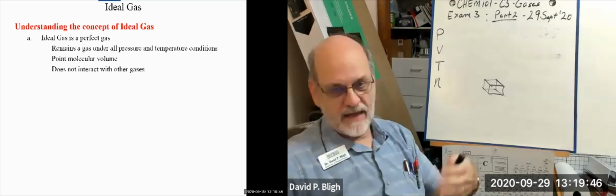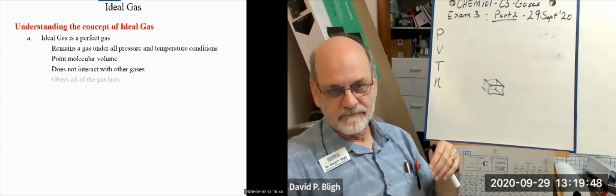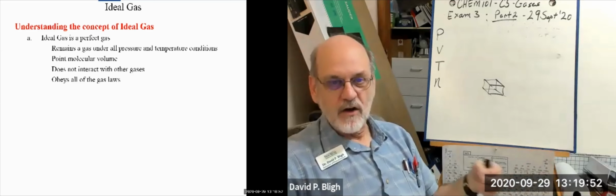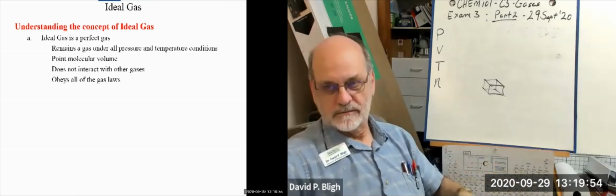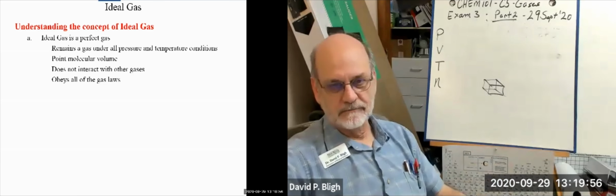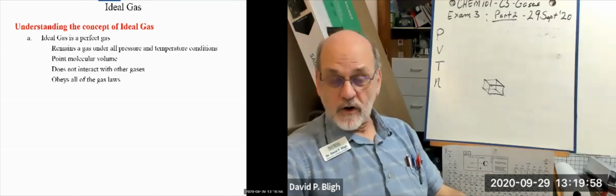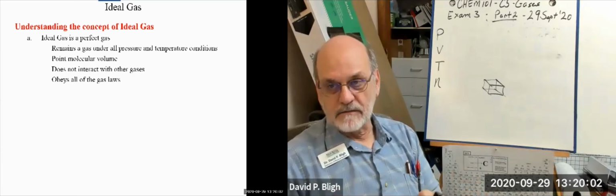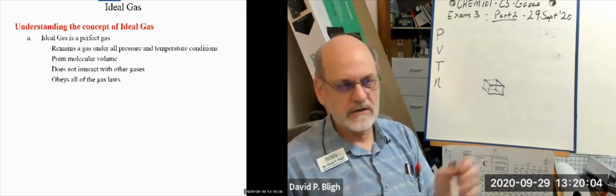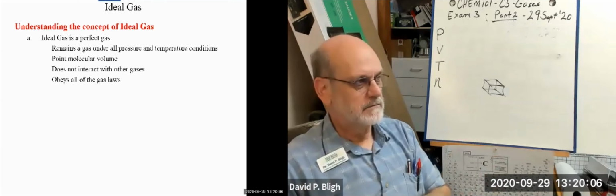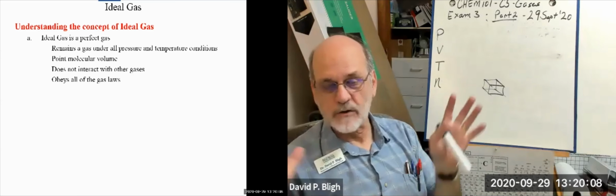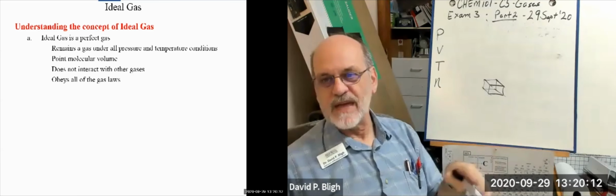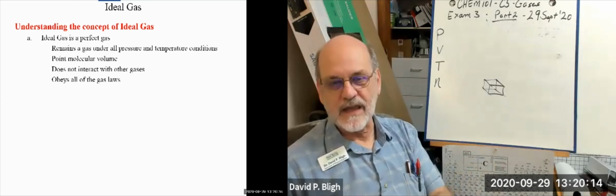The ideal gas does not interact. And of course, last but not least, they obey every gas law. That is, there's no deviation. Now, under those circumstances, ideal gases, it doesn't matter what the gas is. Carbon dioxide, hydrogen, ammonia, oxygen, nitrogen, helium, doesn't matter. If they behave ideally, a gas is a gas is a gas.